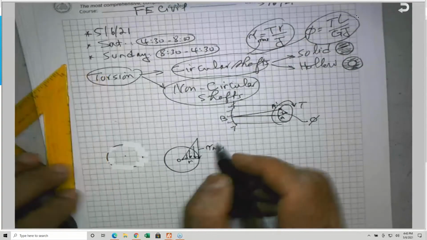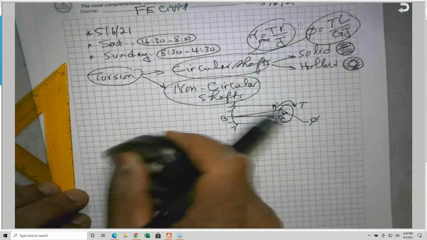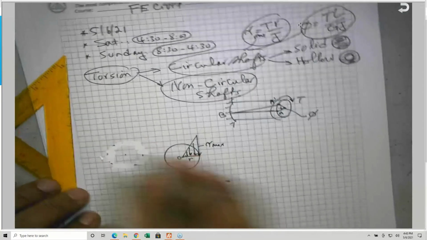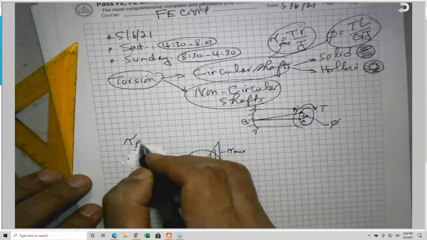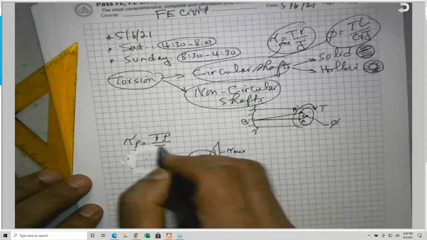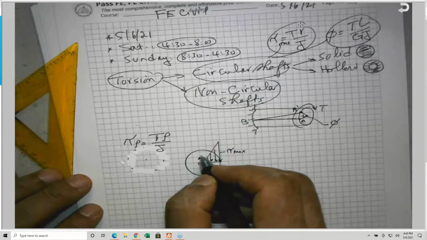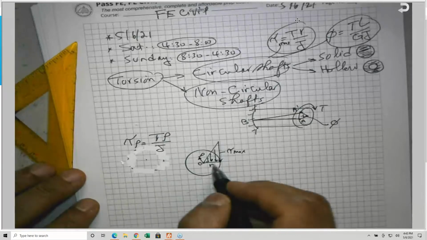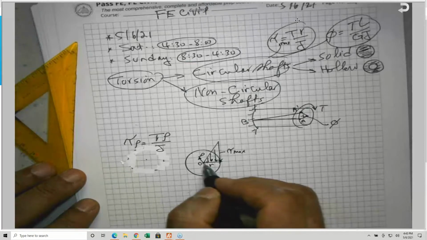So there are some mechanics of materials books, obviously the one we teach this subject from, that say tau at any radius rho is equal to T times rho divided by J, where rho is a variable radius, starting from 0 all the way to R, which is the radius.